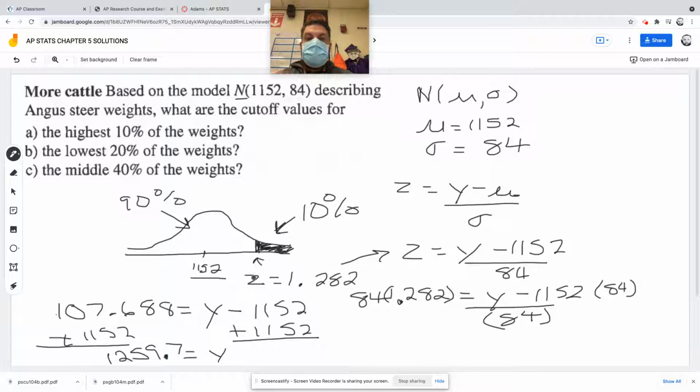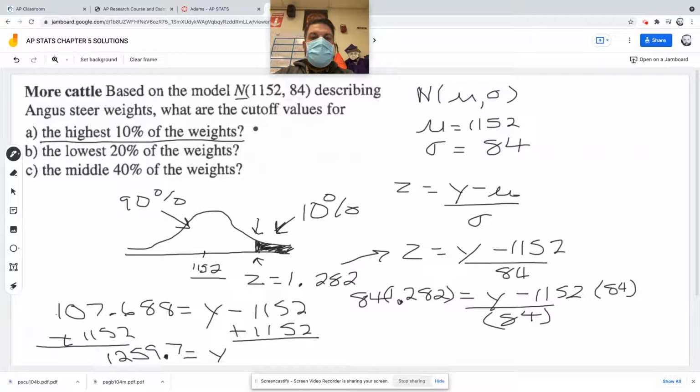So what does that mean? We did a lot of work there, but there's a fence right here. So it says, what are the cutoff values? Well, part A says do the highest 10%. So we're just doing the highest 10%.